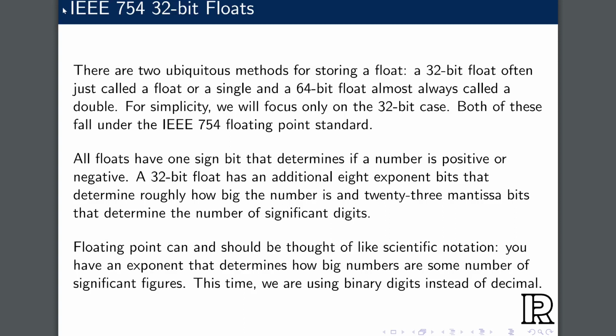The 32-bit is often called just a float or a single precision number, and a 64-bit float is almost always called a double, though for weird reasons in Lua it is called a float, and there is only one option, which is the 64-bit double. Technically speaking, you can go into your developer settings in Lua and change that, but unless you're doing that, you have just the 64-bit float.